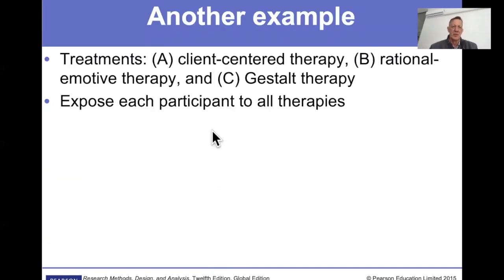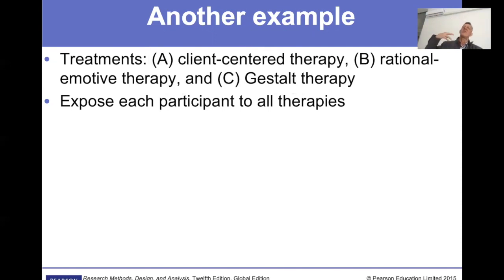Another example which comes out of the book. If you would like to expose a participant with anxiety or depression to 3 types of treatment: client-centered therapy, which is A, rational emotive therapy, or Gestalt therapy.